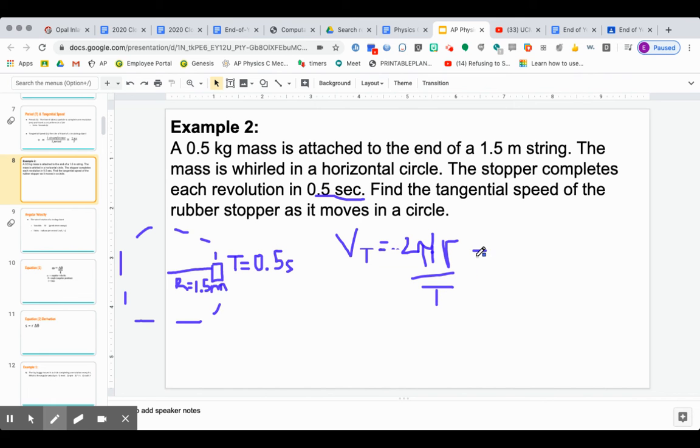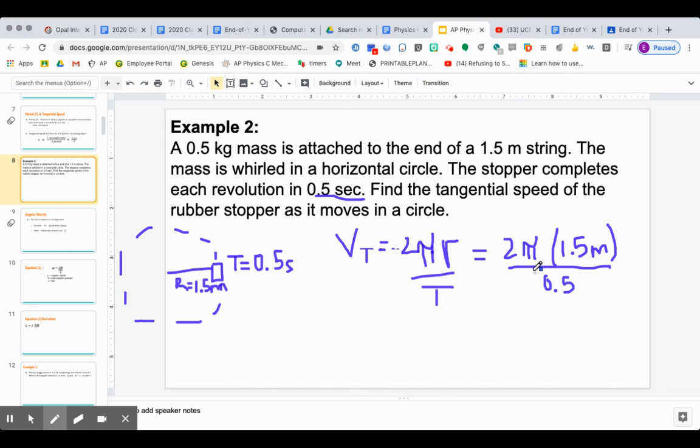We plug in. So we have 2 times pi times 1.5 meters, divided by the time it takes to make one cycle, which is 0.5 seconds.